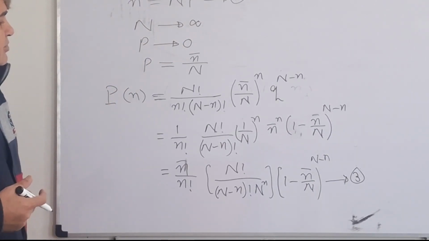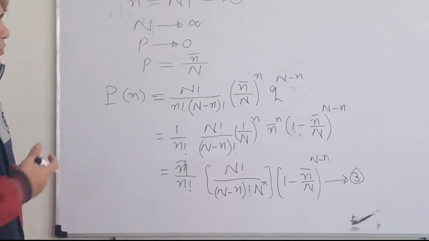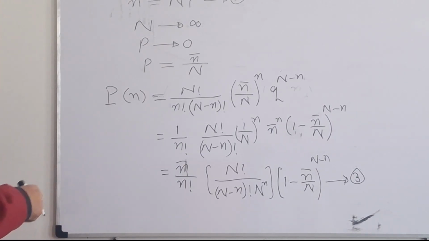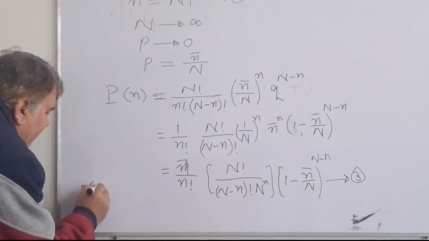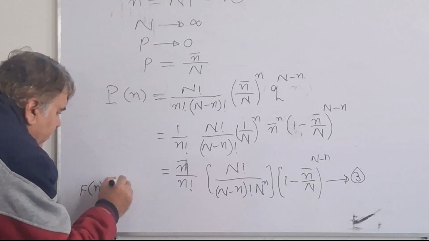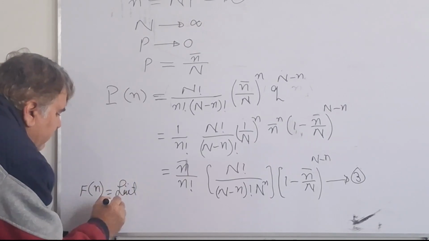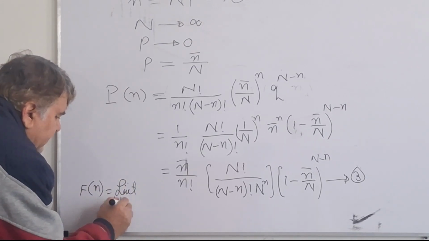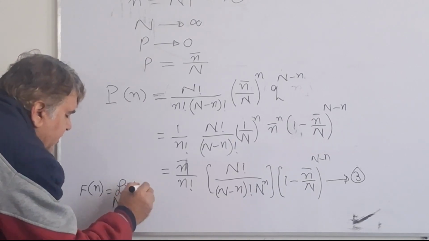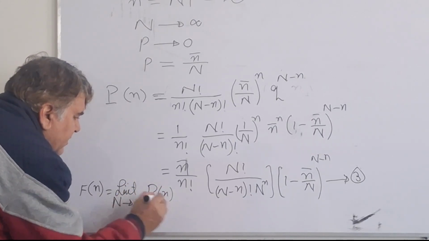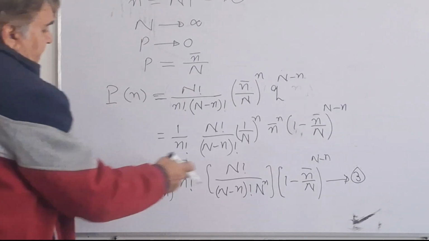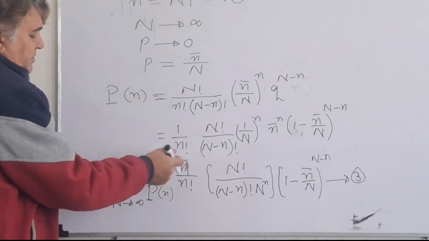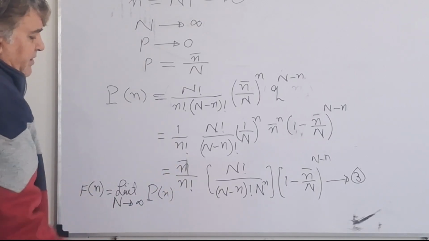And to apply that assumption, we take the limit of this equation, and therefore I define a function f of n, which is obtained from the limit of capital N tends to infinity of p of n, and I apply the limit to this side since this factor is independent of capital N.